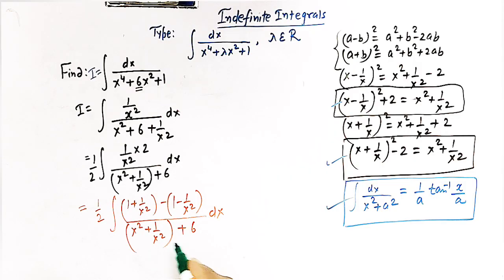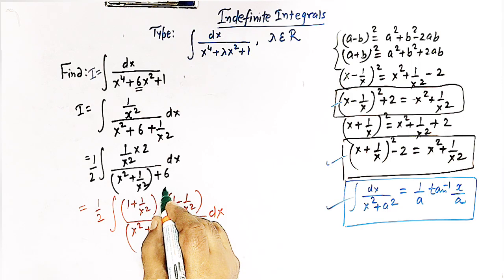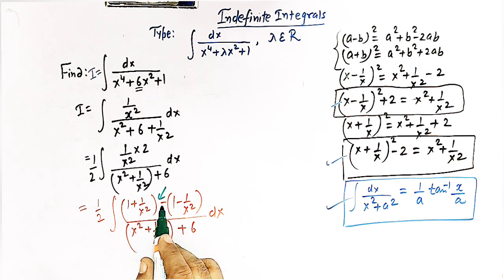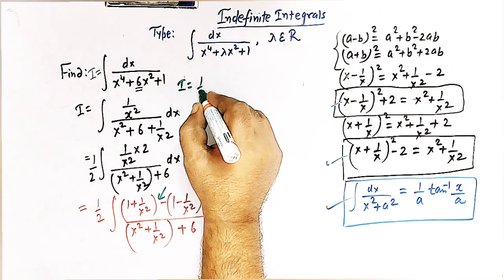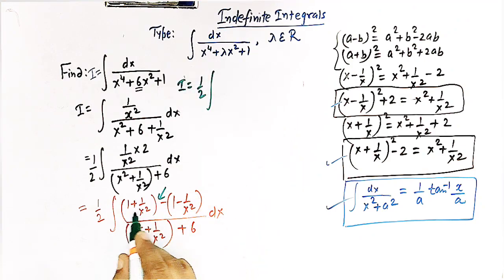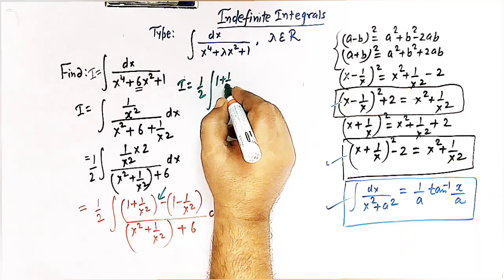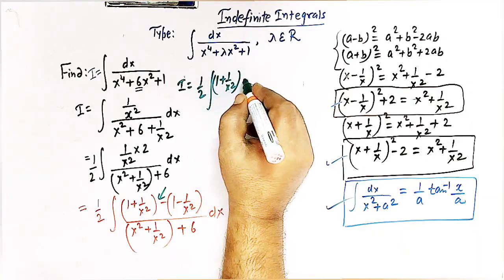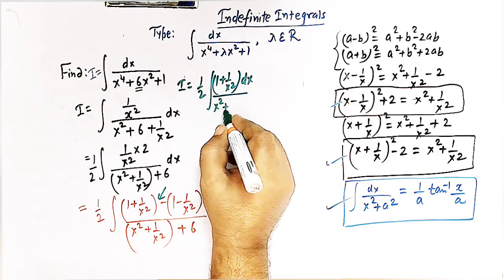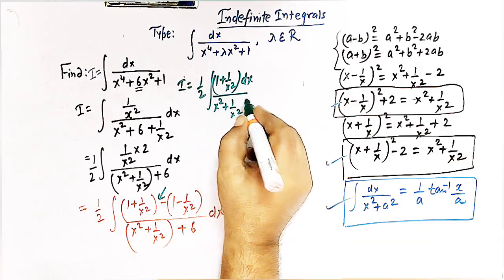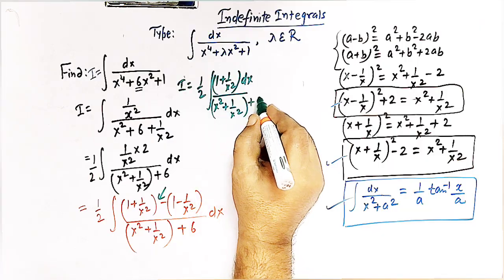So now the next step is to split this integral as a difference of two integrals, right? Here we'll split this integral at this negative sign, that is we'll write I is equal to half, then we have 1 plus 1 over x square, dx, and in the denominator we have x square plus 1 over x square plus 6.